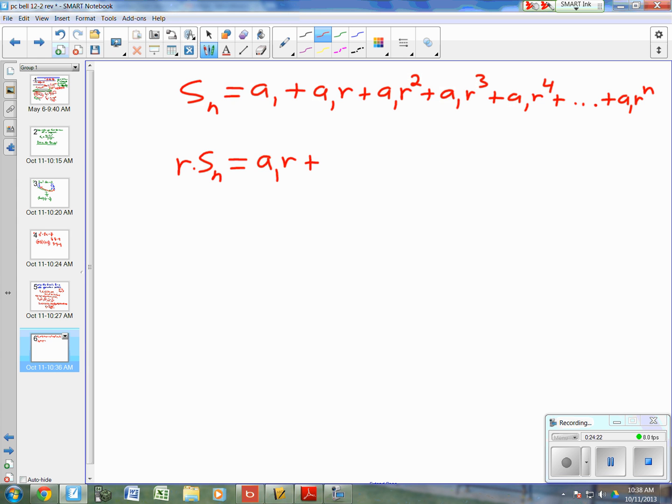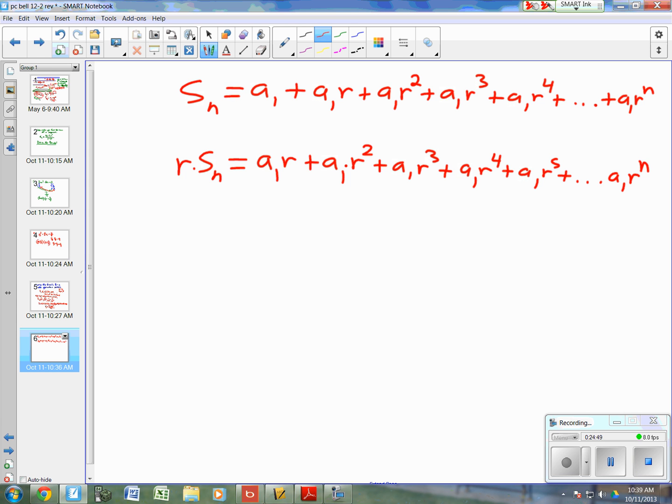What's the next term going to be? A sub 1 times what? Squared, right? Plus a sub 1 r cubed plus a sub 1 r to the fourth plus a sub 1 r to the fifth, dot dot dot, a sub 1 r to the n.